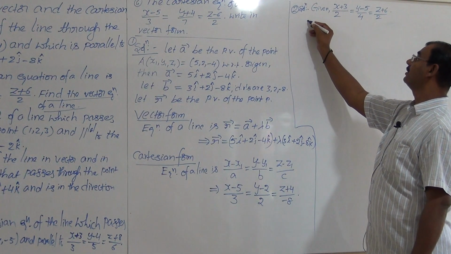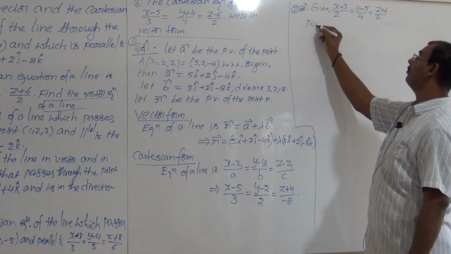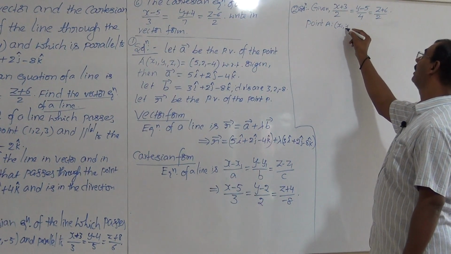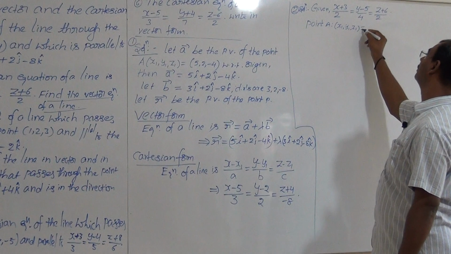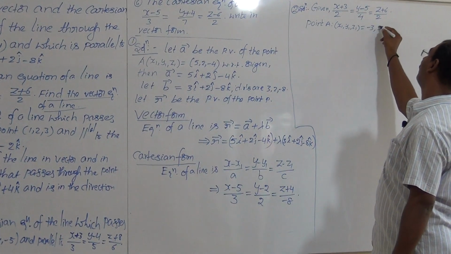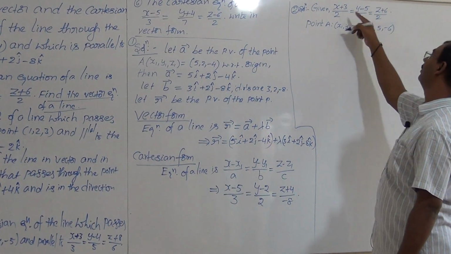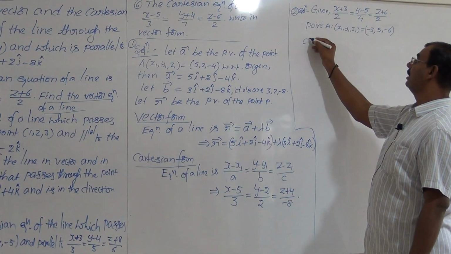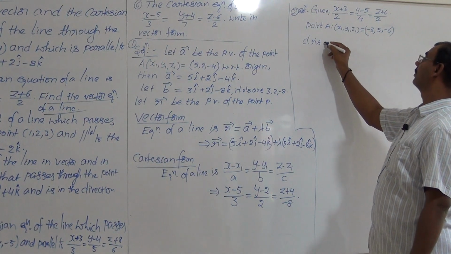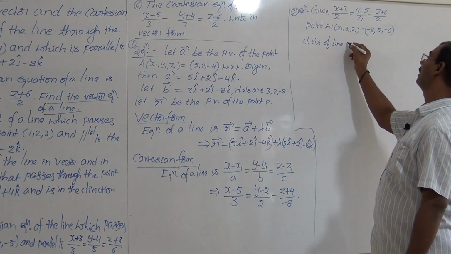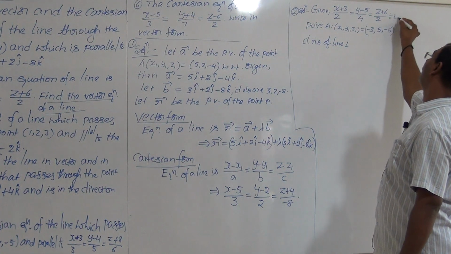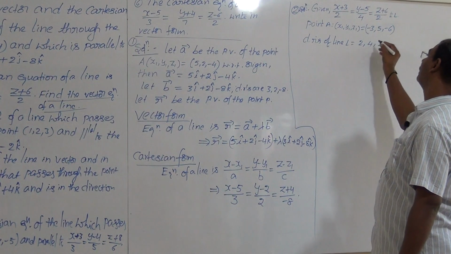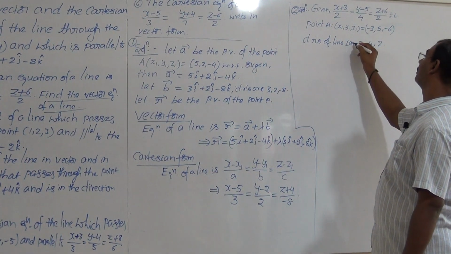So from this, point A, (x1, y1, z1), is equal to (minus 3, 5, minus 6). Always take opposite signs. Next, the DRs of line L are the values 2, 4, 2.